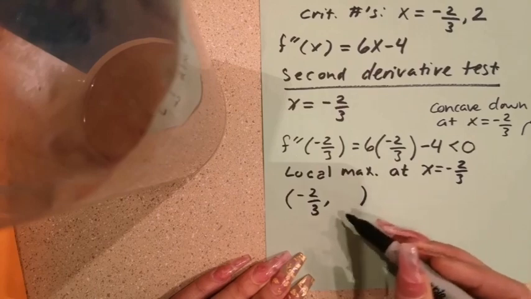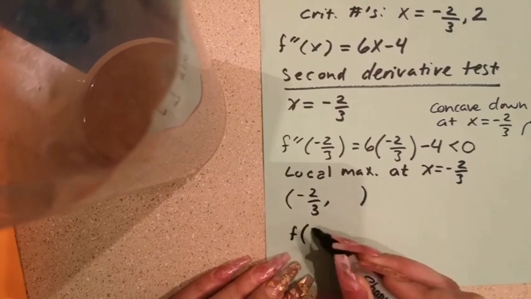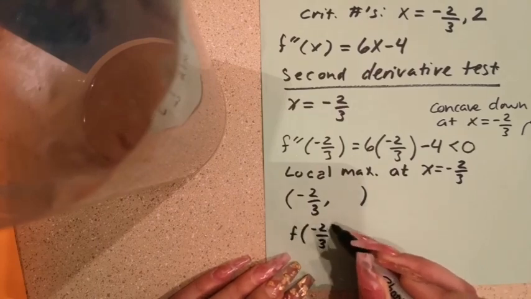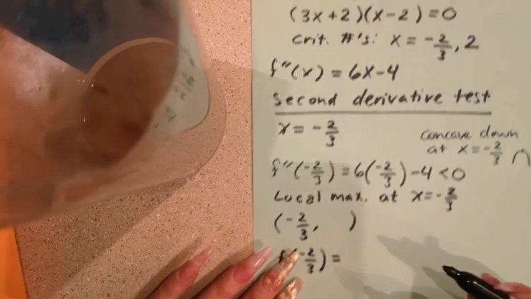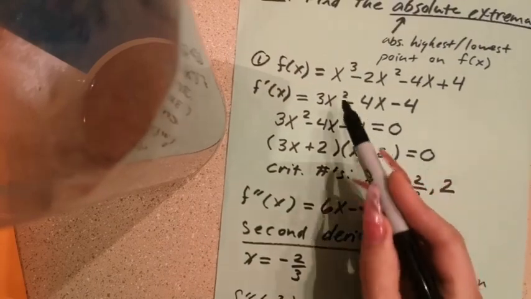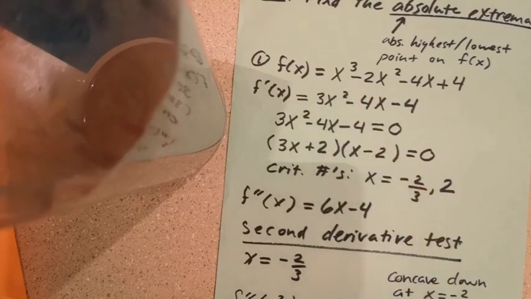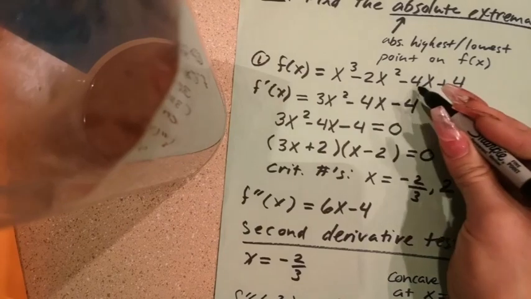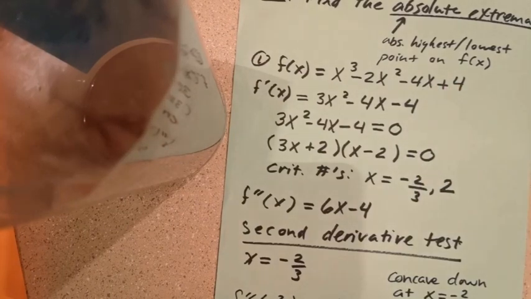So for that, I have to actually plug negative 2/3 into the function. So here was the function. I'm going to have negative 2/3 cubed minus 2 times negative 2/3 squared, minus 4 times negative 2/3 plus 4.